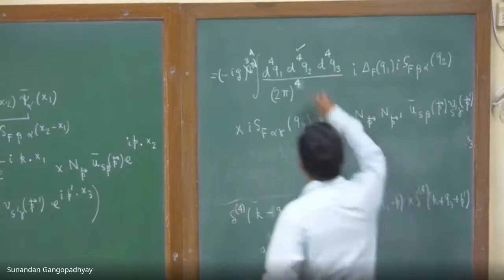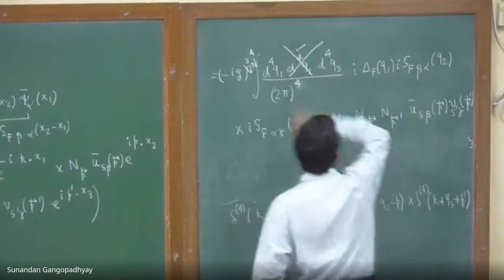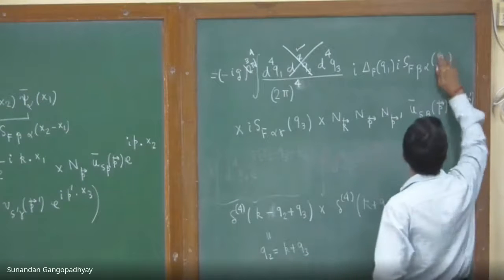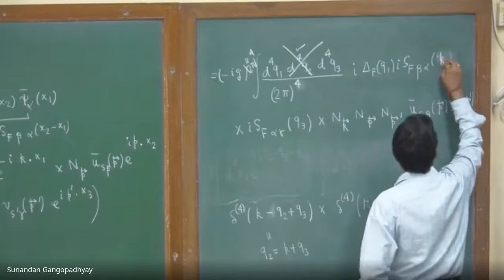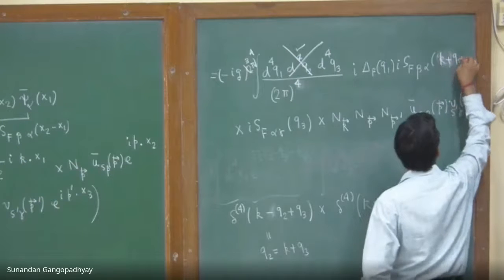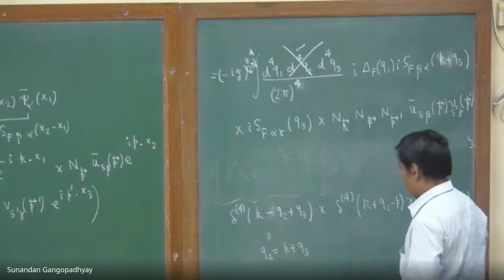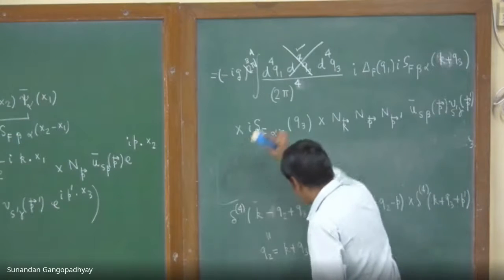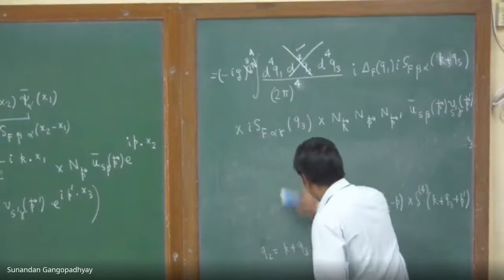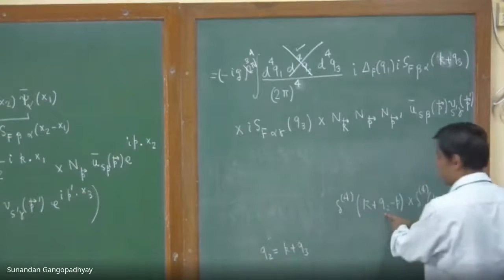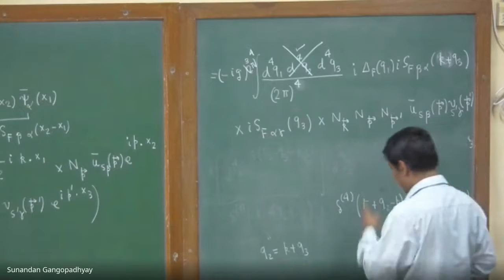So we can get rid of this Q2 and replace Q2 by K plus Q3. This becomes K plus K. There's no problem here. Q2, we have to replace K by K plus Q3 here also.